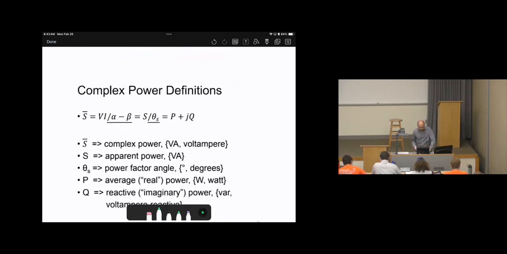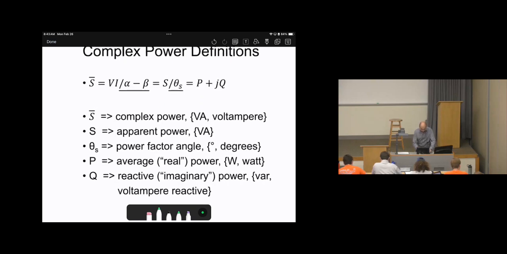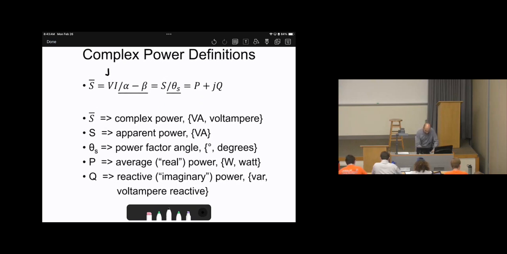Now, again, the complex power is V times I conjugate, and it can be written in polar or rectangular coordinates. We said S, P, Q, and theta. Now let's focus more on the names and the units of those, because the unit of power is no longer watts.